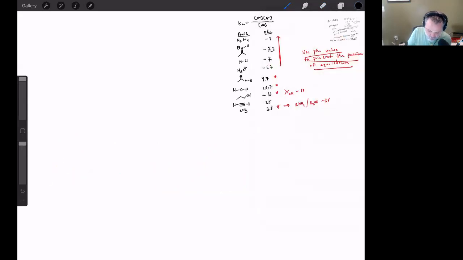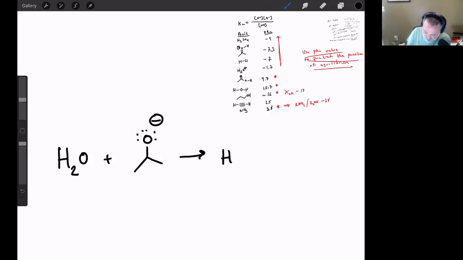What if I have water and I'm reacting it with an alkoxide ion, and it forms HO- plus this alcohol?